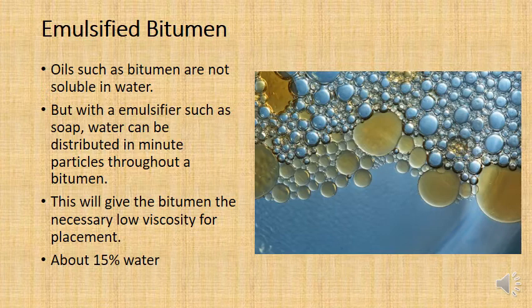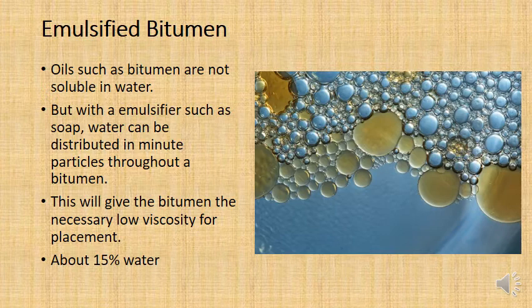Now what you then do is you use soap or detergent and you work your hands into a lather, and then you put your hands under the tap, and then all the oil breaks off your hands. What's happening? Well, the soap or the detergent actually acts as an emulsifier.